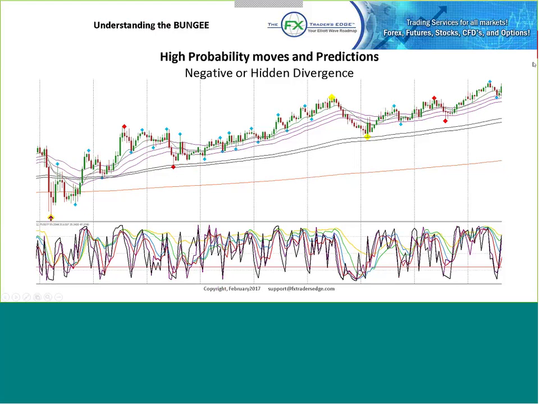It's also at this side of the chart, this is an easier one to see, where across here we have a low, lower low, and all the bungees are showing, bear with me, I've picked the wrong one, it's that bit there.